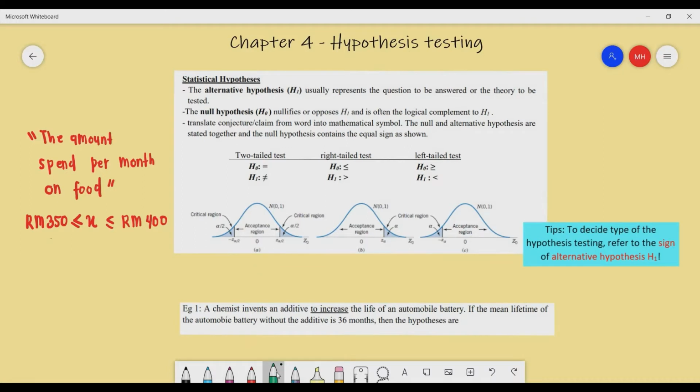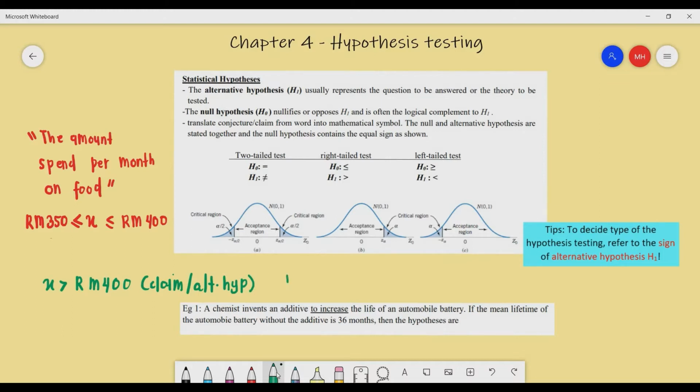And let's say one researcher comes to you and says, I disagree with this average. Suppose that the amount spent on food per month is more than 400. So this is what we call a claim, or alternative hypothesis.